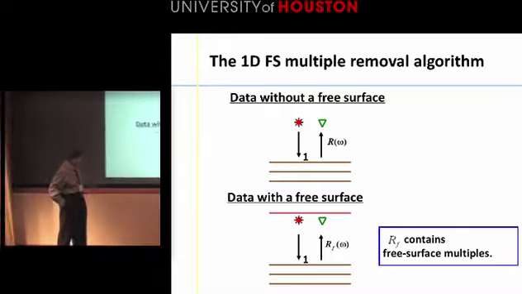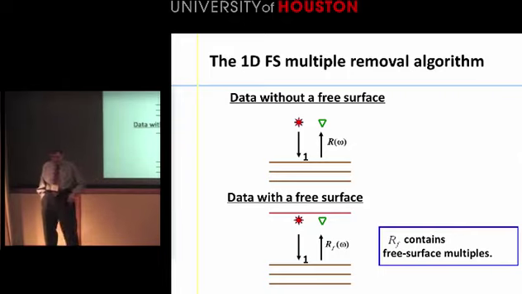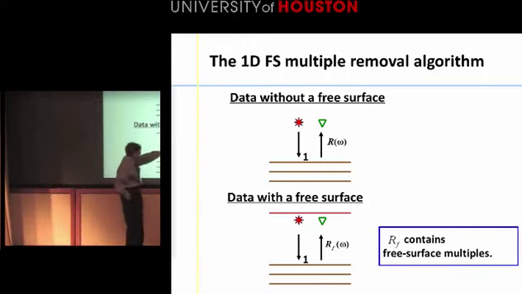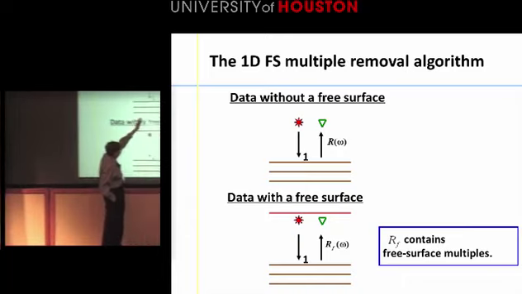But let me race through this. Time is, maybe I won't. I'll just give you a formula. RF is the deghosted data at this receiver due to this source. R of omega is without a free surface. Down goes a spike, up comes a train of primary and internal multiples.